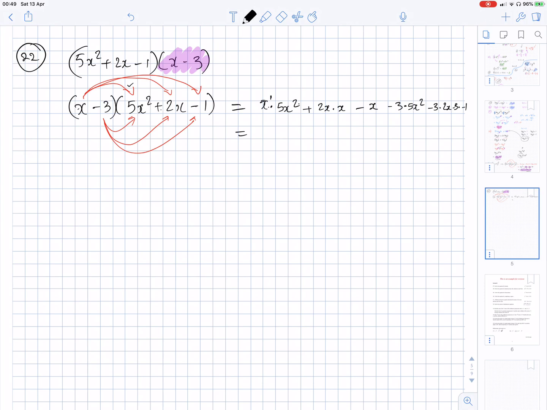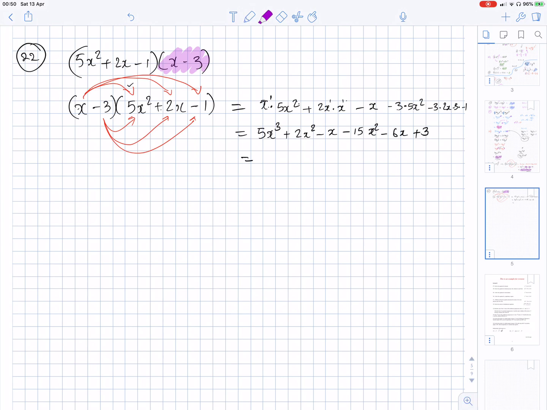So if we are going to multiply x and x squared, it's 1 add 2 is 3, and we still have the 5, so it's 5x cubed, plus 1 and 1, add the indices, you get a 2, 2x squared, minus x, minus 3 times 5 is 15x squared, minus 3 times 2 is 6x, and then the last one is a minus 3 times a minus 1, which is a plus 3, so that's a plus 3.